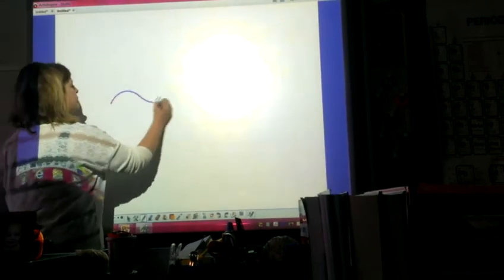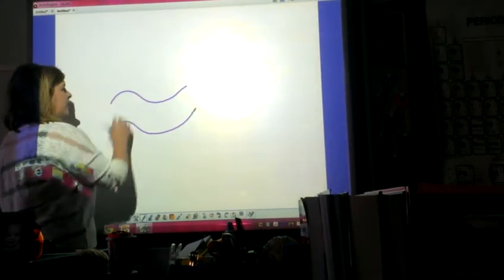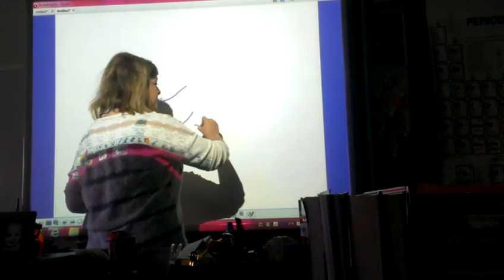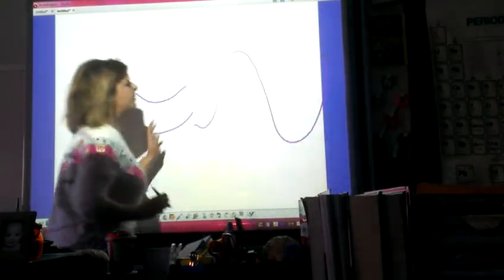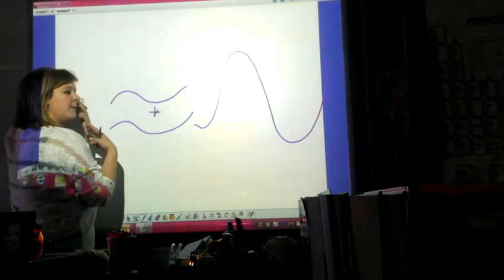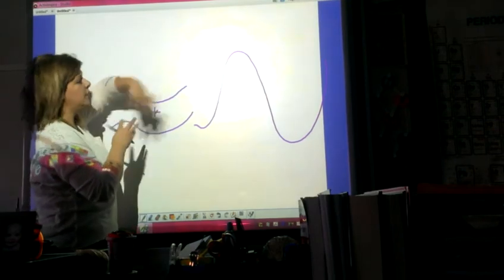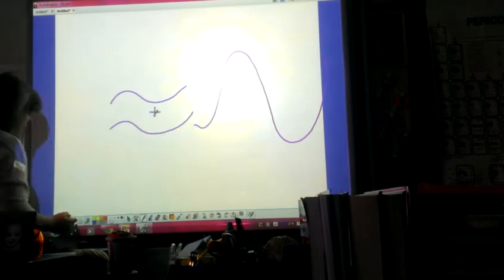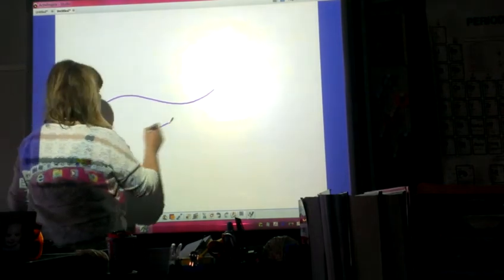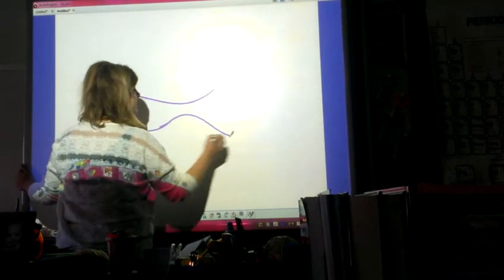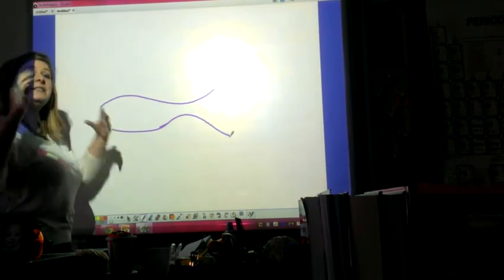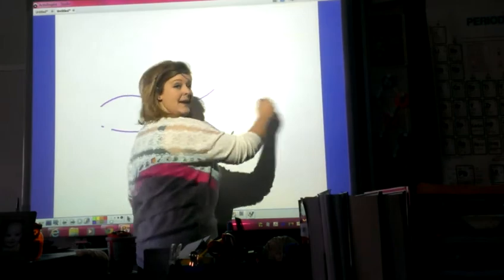Okay, so if I have 2 waves coming together, they both look the same, so when they come together, they're going to add up, so they're going to be constructive, and I'm going to get a bigger wave as a combination of this. If I have 2 waves, so maybe this one looks like this, but the other one is the opposite to that, when these 2 come together they're going to give me destructive interference, and I'm just going to get nothing over here.